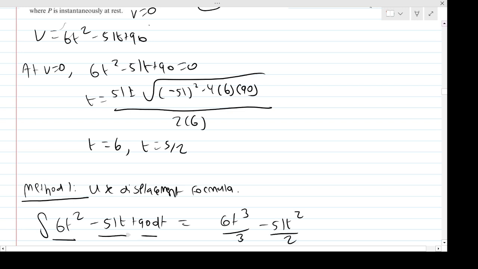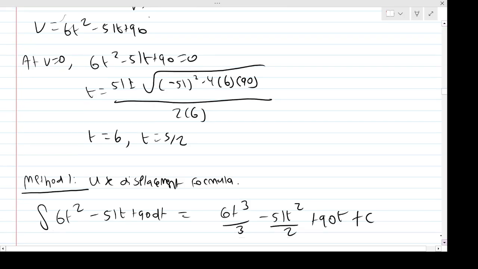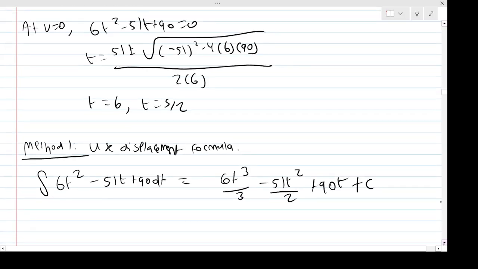And then 90 will just go to 90t. We add a t on, right? And then we also add on a plus c, okay? So if we simplify the fractions, 6 over 3 goes to 2, so 2t cubed minus 51 over 2 t squared plus 90t plus c.